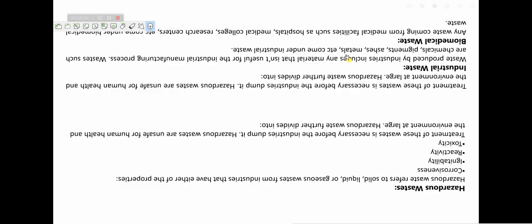Now there is hazardous waste. What is hazardous waste? Hazardous waste refers to solid, liquid or gaseous waste from industries that have any of these properties: corrosive, meaning corrosiveness will be there; ignitability, meaning they can catch fire; reactivity, they can react with anything; and toxicity, they can produce toxic substances which will be harmful for us.